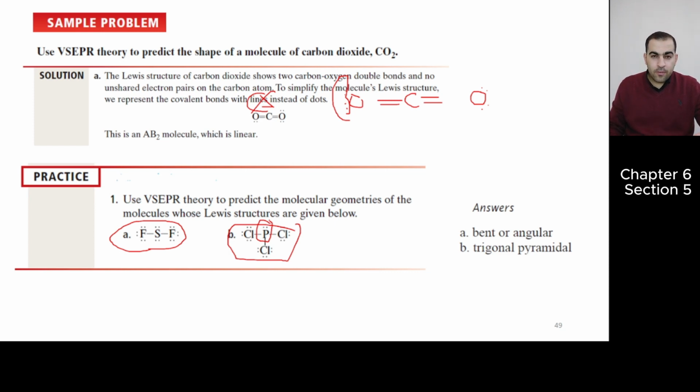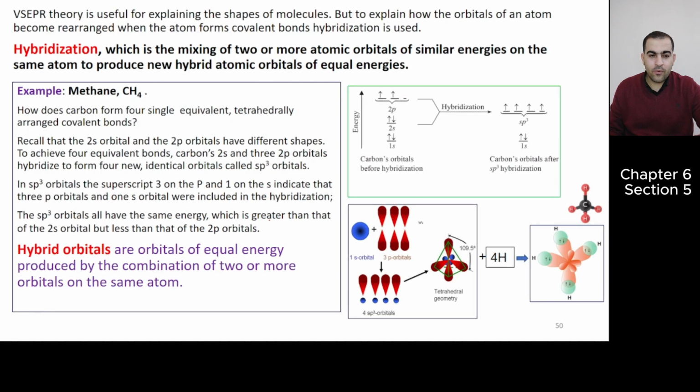Now we're going to talk about a shape which is tetrahedral. What happens to the orbitals in a carbon atom when it makes 4 single bonds? Guys, VSEPR theory is really useful for explaining the shapes of molecules, isn't it?